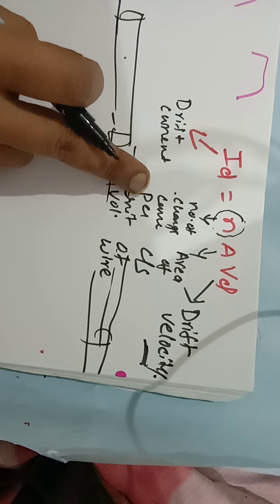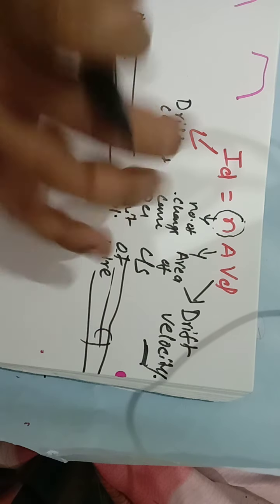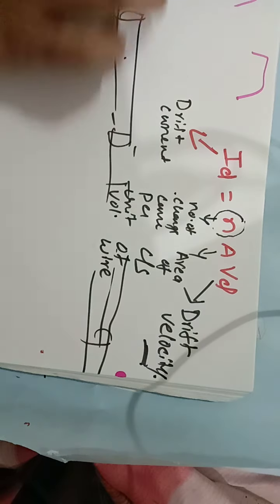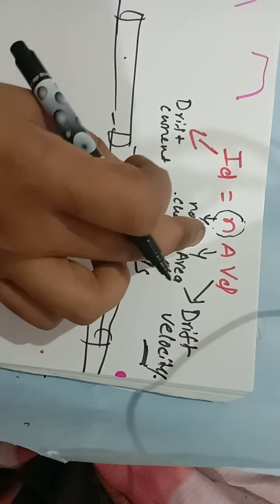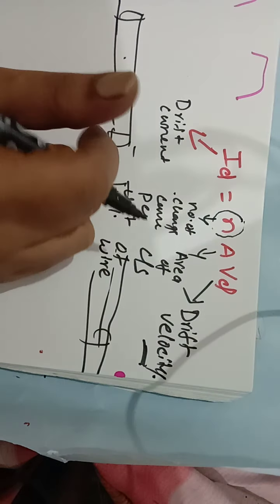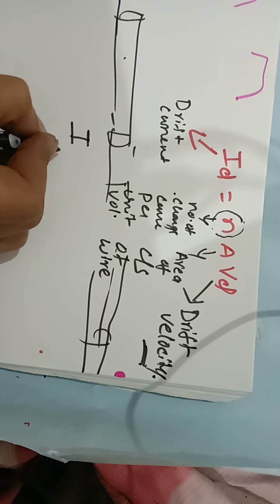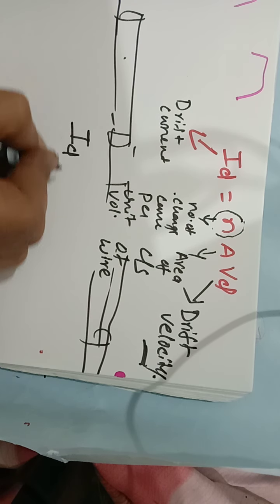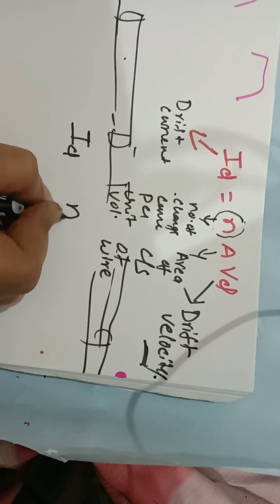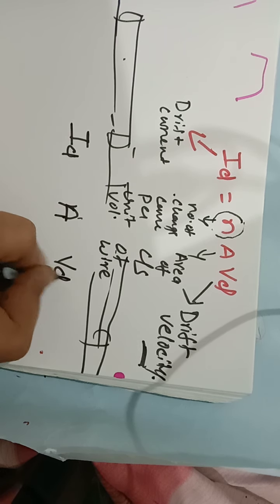The total number of charges by total volume will not change throughout. So n will remain constant. So we will be asked about the relation between Id and A and Vd.